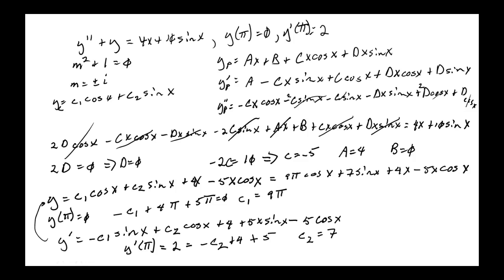There, I hope, is our general solution. Let's see if we can find it down here. Oh wait, I'm looking at the wrong place. Here we go. Y is equal to 9 pi cosine x plus 7 sine x plus 4x minus 5x cosine x, done. Very good. Nicely done. Any questions on that? Is that making sense?